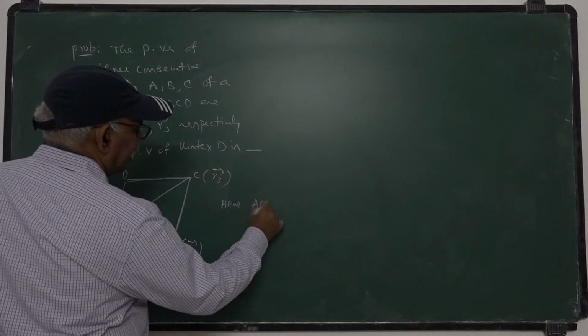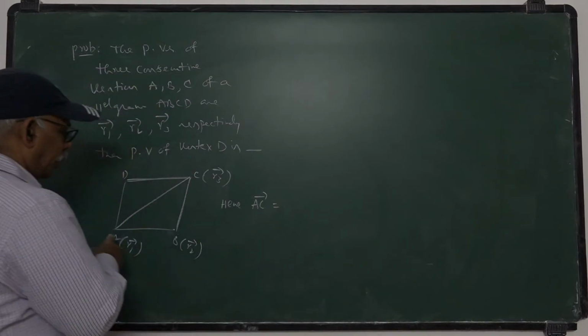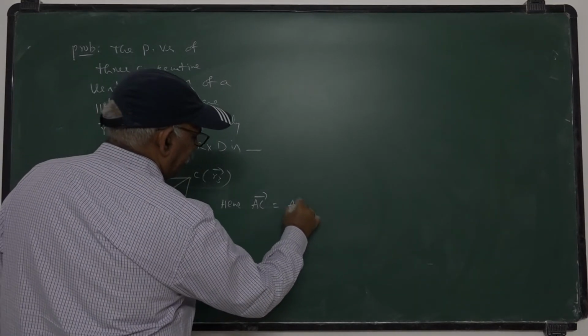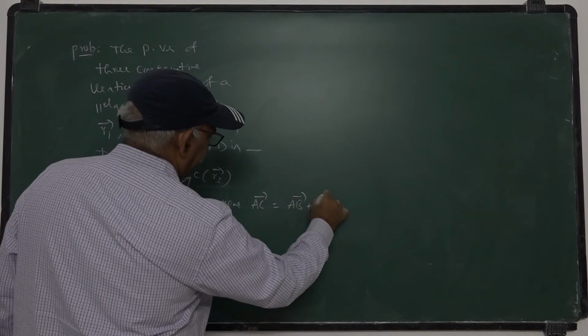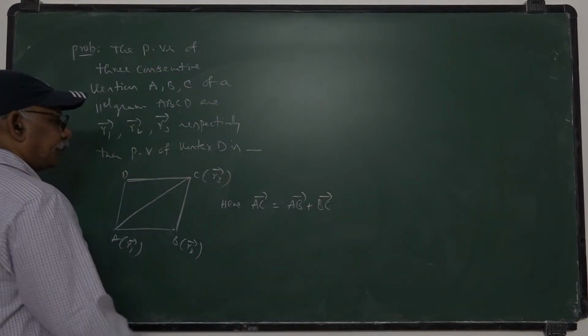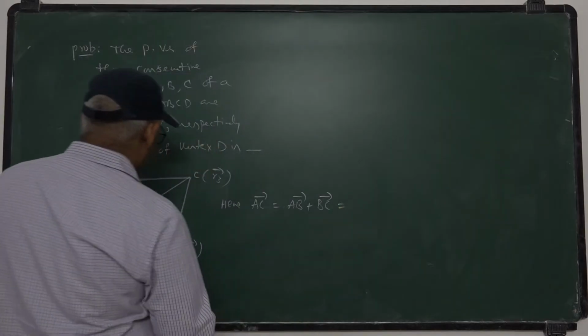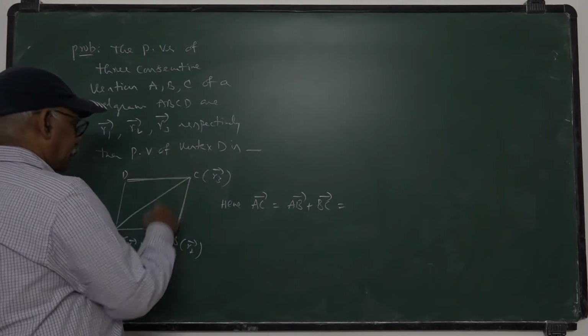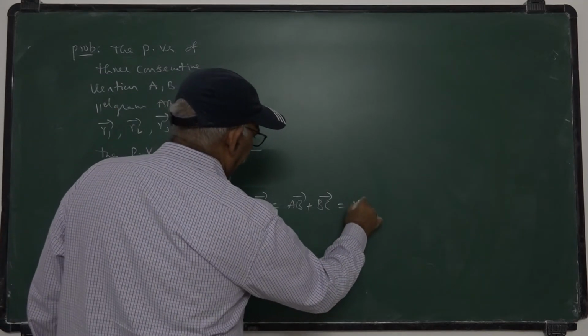Here AC bar is AB plus BC, which is the same as AD plus DC.